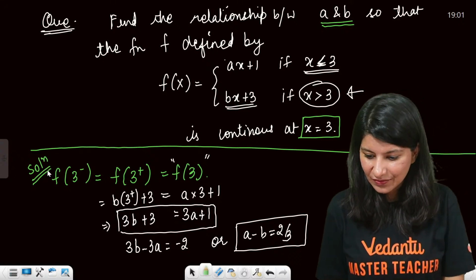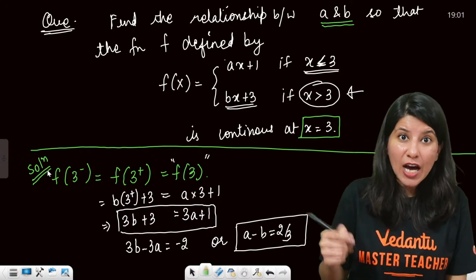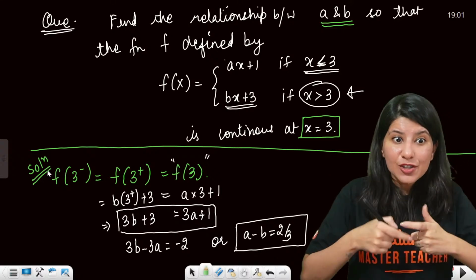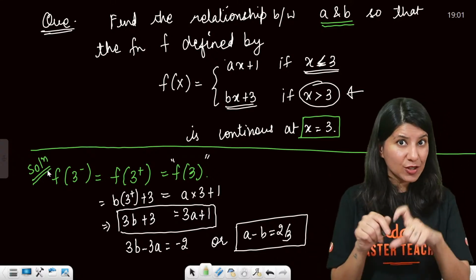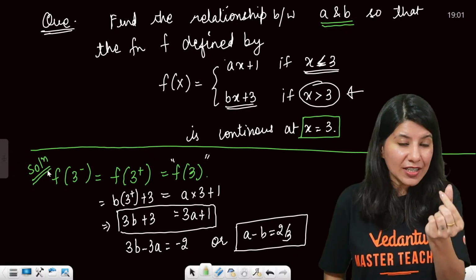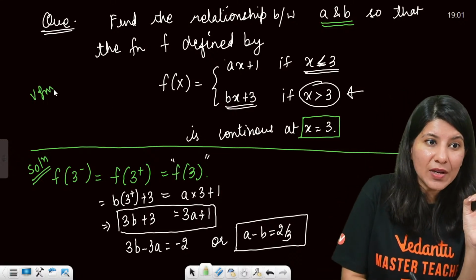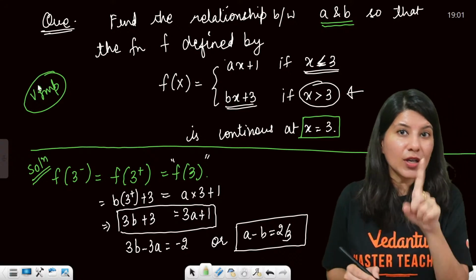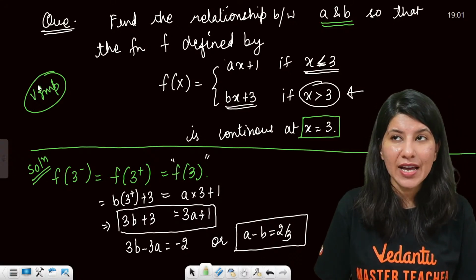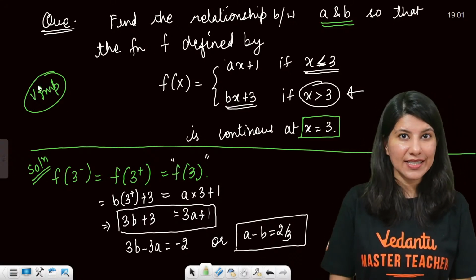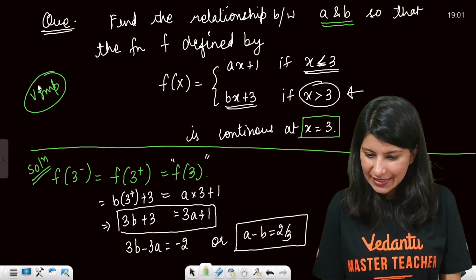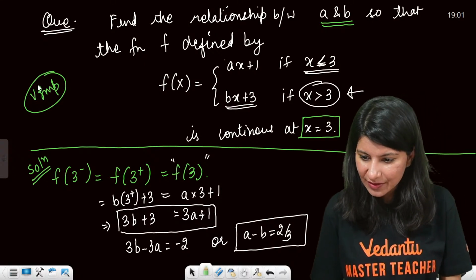So now you have to apply the condition of continuity to get the relation between a and b. This is a different type of question, very important. You will see these types in your upcoming PUC examination as well as your KCET examination. Is it clear?